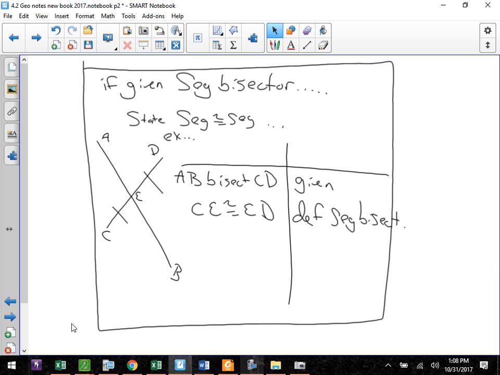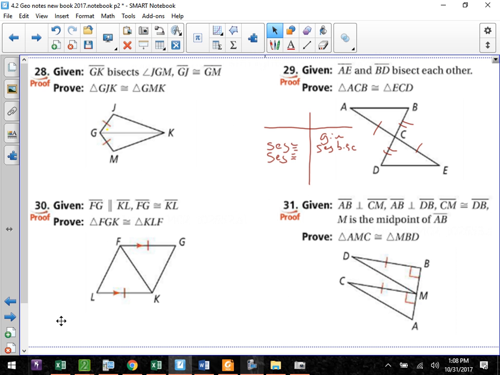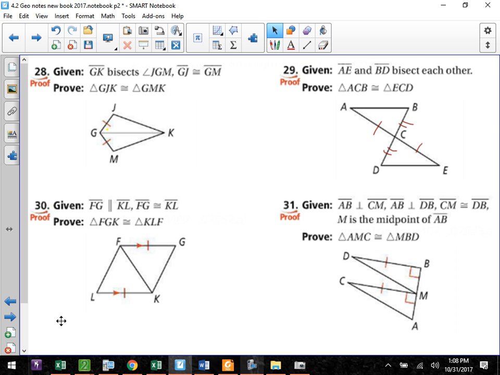Let me know when you guys are good. I want you to do these four. I want to say it's page 232, 28 through 31. That was the next thing. Just add these four to the ones you had from last night. All right? But those are the four.